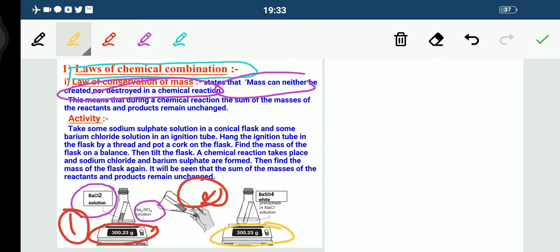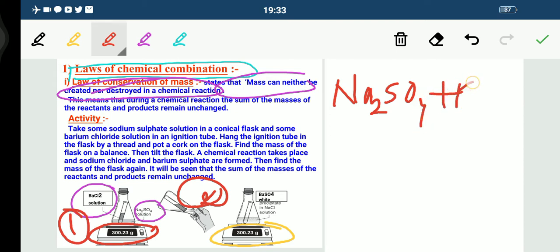So now I will be writing the chemical equation for you. What they are telling is that you need to add two things here. So you can see here, sodium sulfate is Na2SO4, fine, it is added to BaCl2, fine.